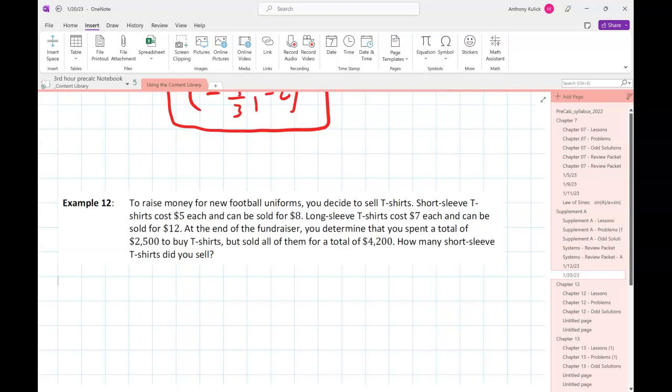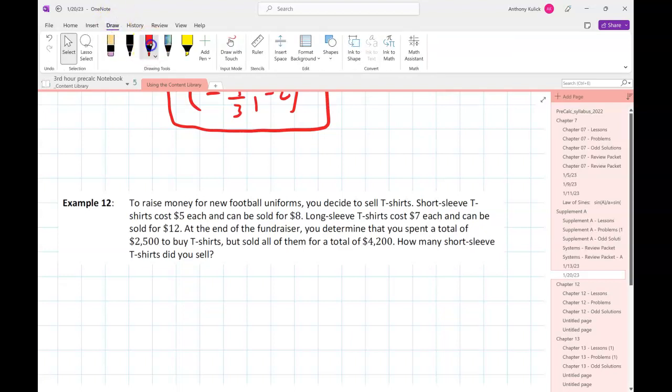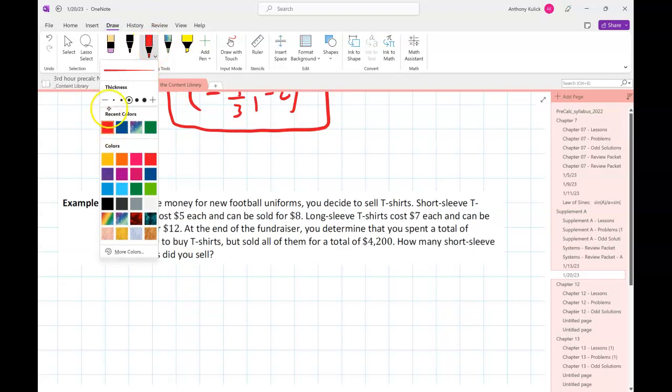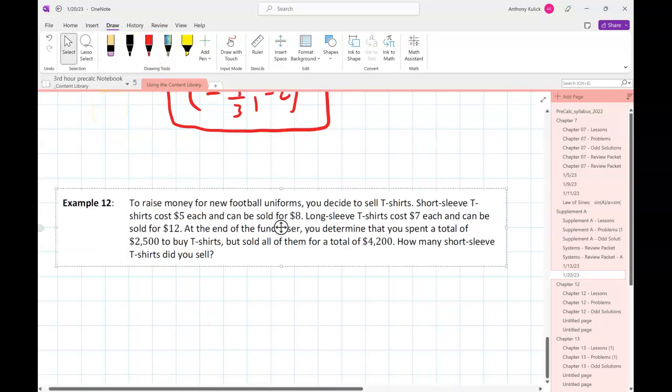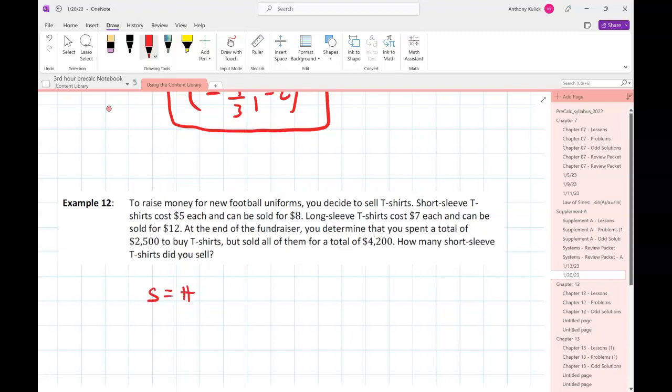So let's start by identifying what our variables are and what they're going to represent. So what two things do we not know? Okay, great. So I'm going to use S to equal the number of short sleeve t-shirts.